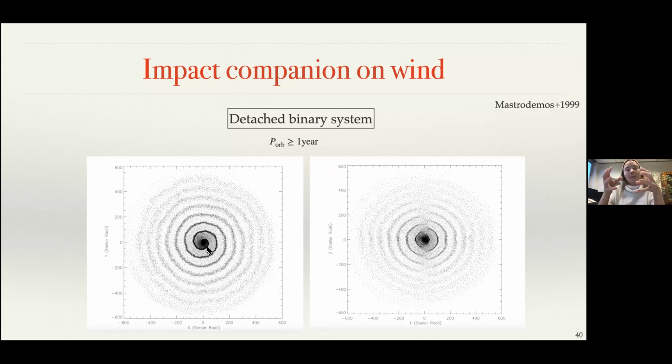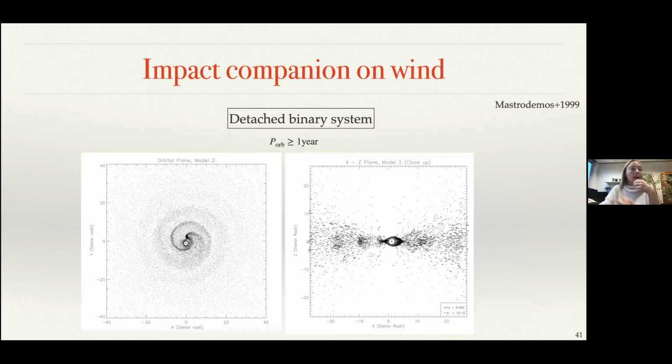This is a spiral created by the wobbling of the AGB star around the center of mass. But that's only one of the spirals. You can also have a different kind of spiral, the spiral that is attached to the companion.